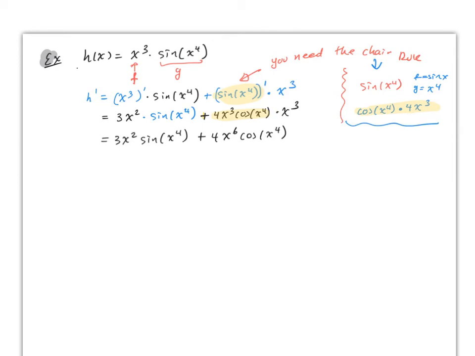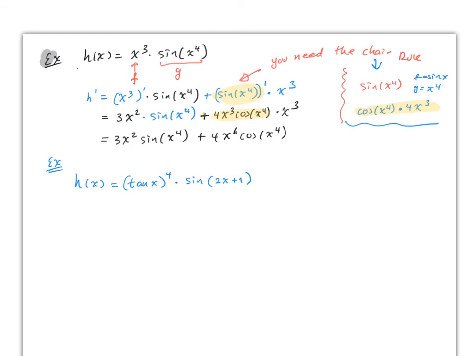All right, let's try a couple more. So let's say now that h of x is equal to tangent x to the 4 power times sine of 2x plus 1.